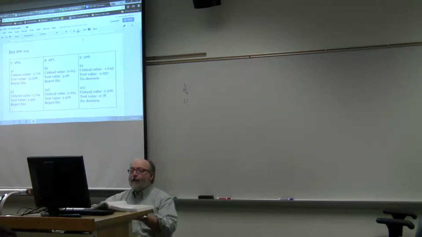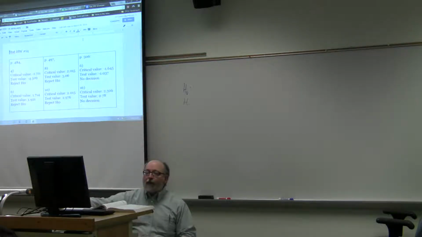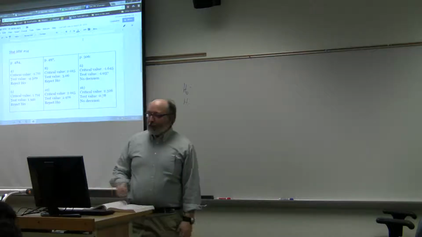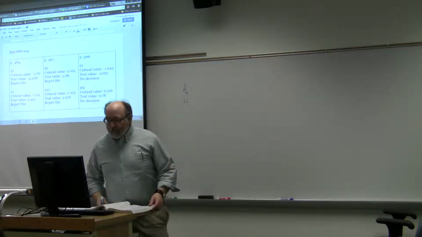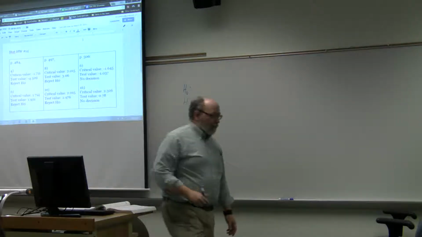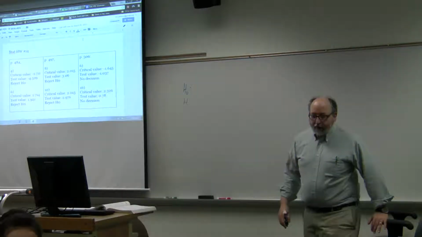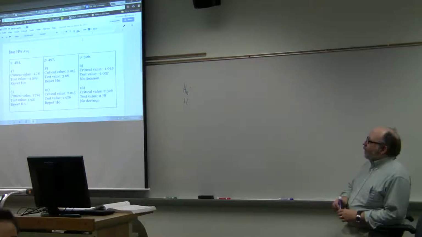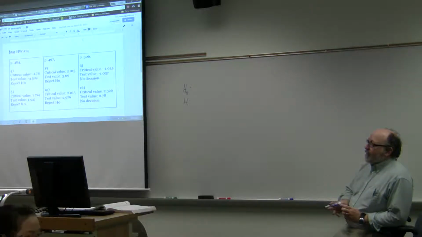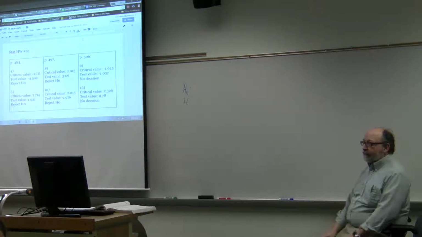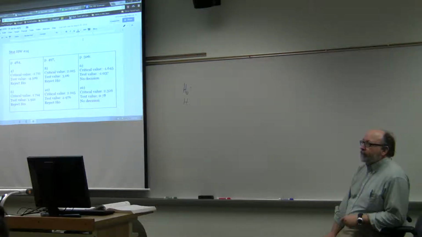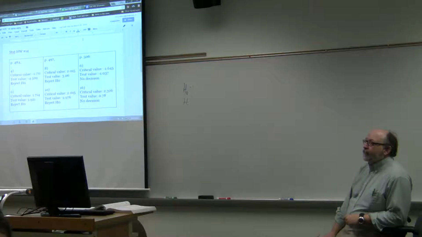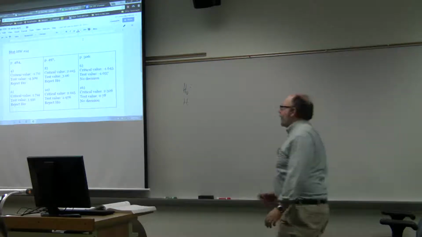Okay, so now we're asking the question, is there a difference in the proportions between these things? So, April, can you tell me what H0 would be in this situation? H0: P1 equals P2.